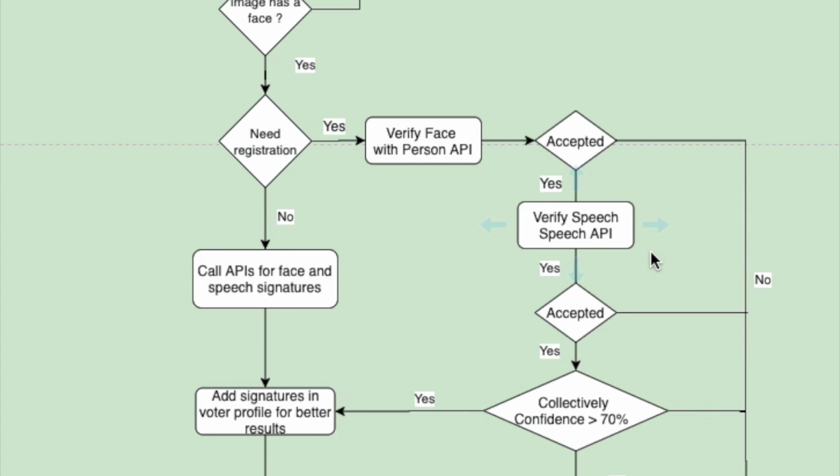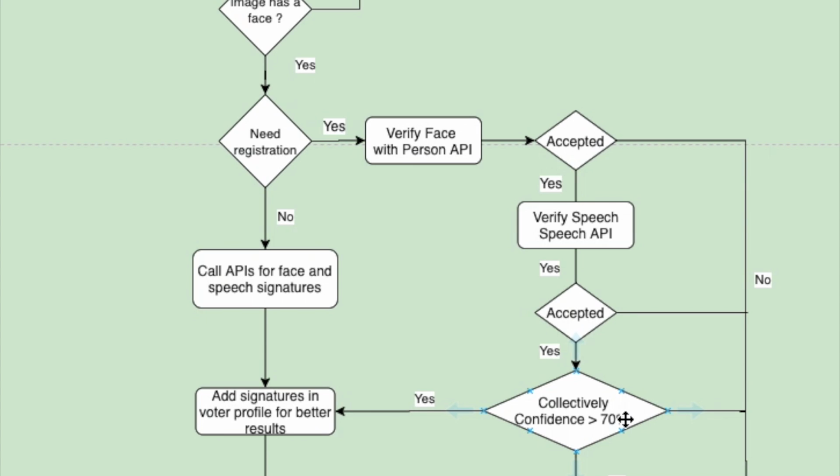So to avoid all of those scenarios, we took this approach where we combine the collective confidence score of these two API calls, and collectively, if it is more than 70%, then we know that this is the same person. And we add the newly captured data into the profiles as well. So this will improve the authentication, and it will be better every time data is added.